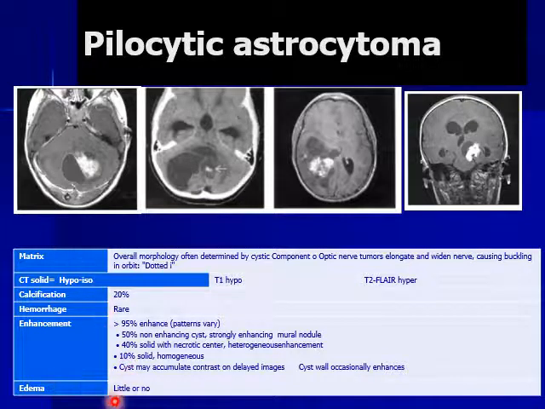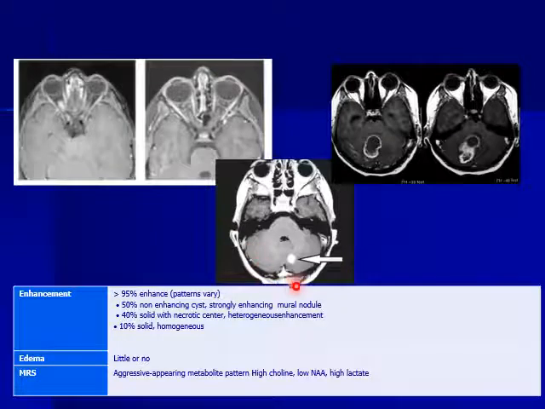This is a benign tumor, so there is little or no edema. As you see, the most common pattern is cyst and nodule. Okay. Sometimes it starts just as a solid nodule like this. Okay. And when it affects the optic nerve, it is solid like this. And this is what is meant by the dotted eye appearance, due to buckling and tortuous course of the optic nerve.